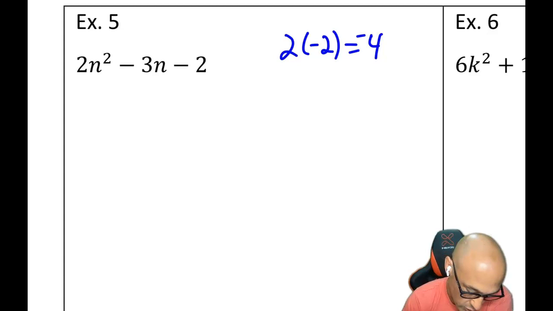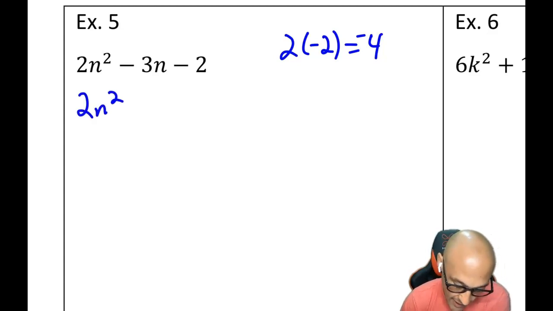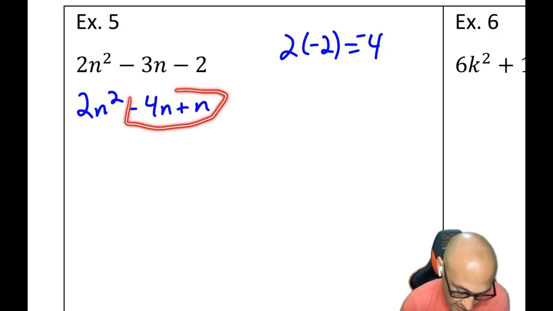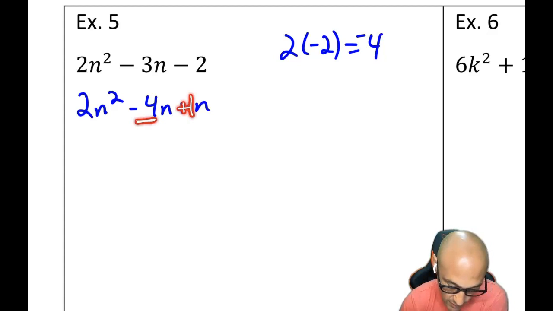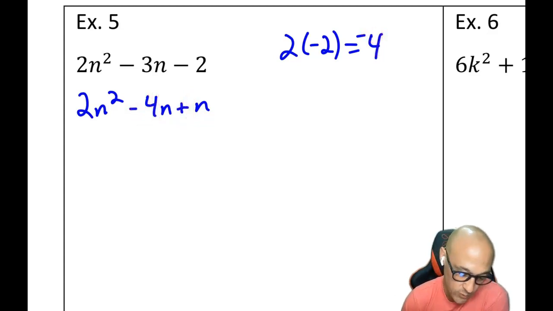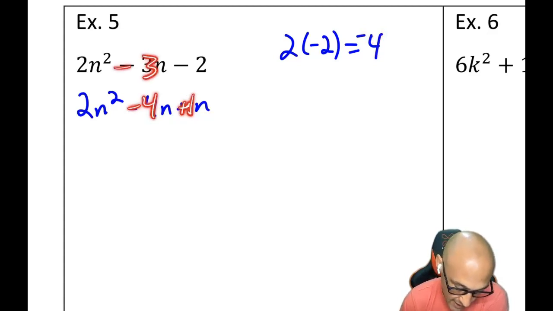So we have 2n squared, and they have to add to negative 3n. So if I have negative 4n plus 1n, notice that this does equal negative 3n, and negative 4 times 1 is negative 4. So that's the two things we have to have: negative 4 plus 1 is negative 3, and negative 4 times 1 is negative 4, minus 2.